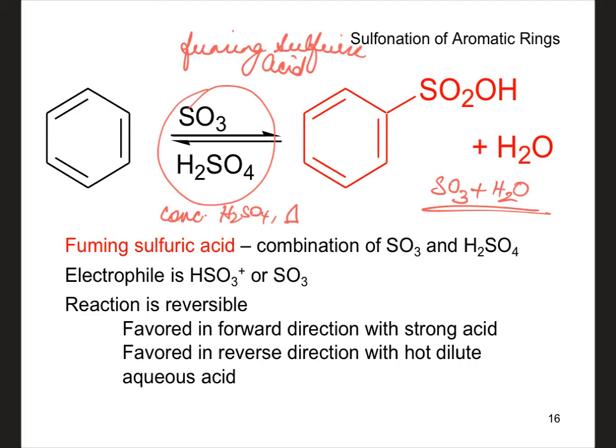So when it rains and precipitation happens, along with the carbonic acid, which is the actual makeup of rain, you also get some amounts of sulfuric acid and sulfurous acid that come down.